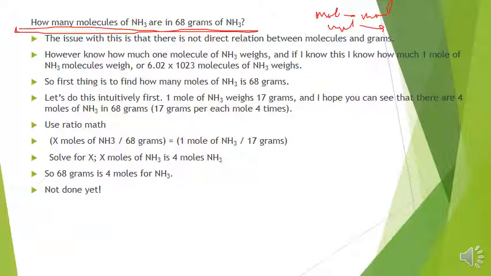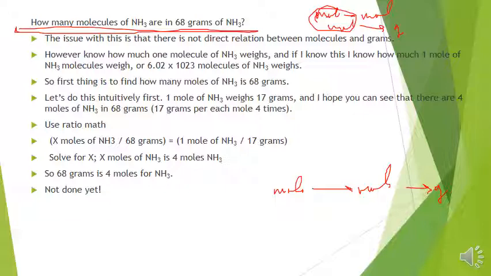So going to moles is going to be an intermediate step. You have molecules, and you go to moles, and then you go to grams. We'll show how that works in a second.